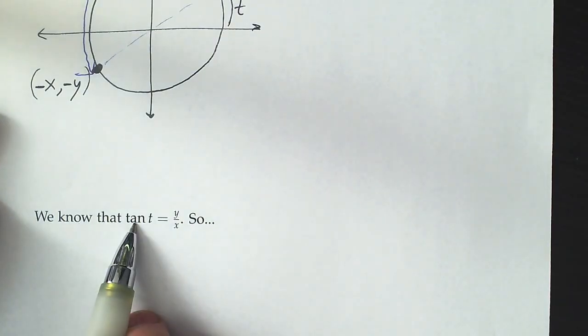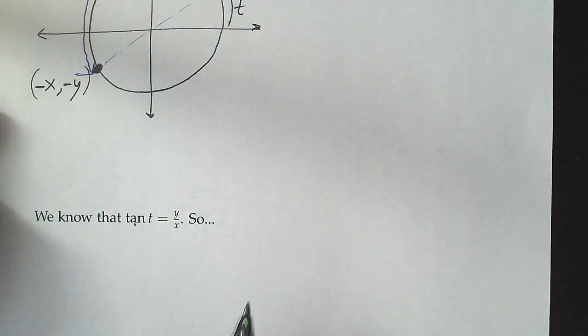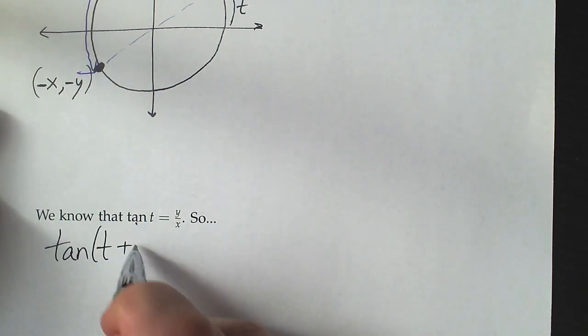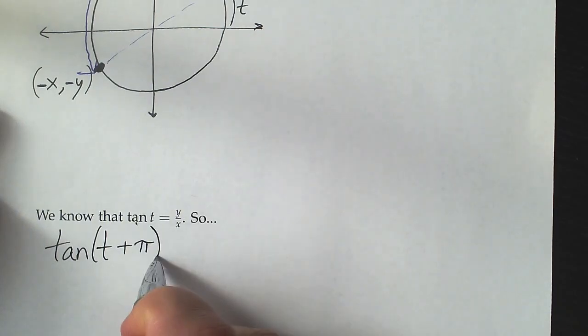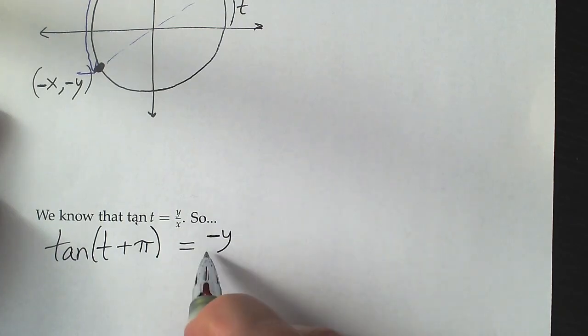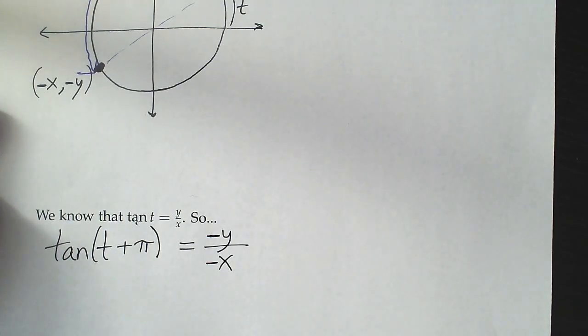Now, we know that tangent is defined as y over x. So what I want to add to our notes is tangent of t plus pi would be that y value, which was negative y, over that x value, which was negative x.